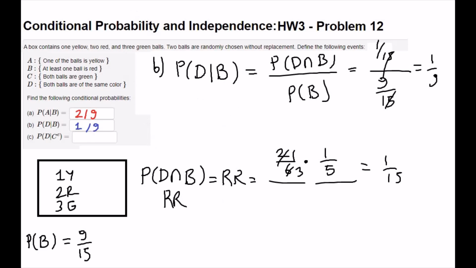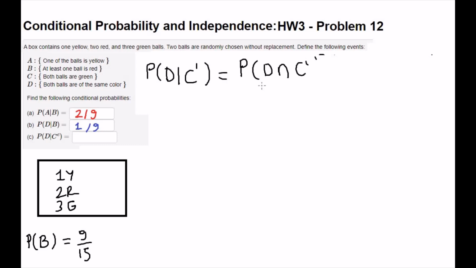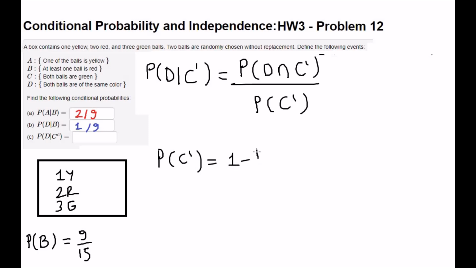Let's go to part C. So let me clean up part B. In part C, we are computing the probability of D given C0, which is their intersection, over the probability of C0. The probability of C0 is 1 minus the probability of C. And for the probability of C, both balls are green.